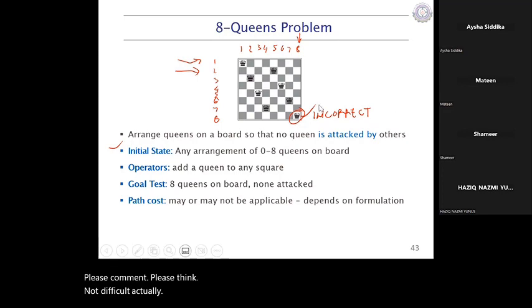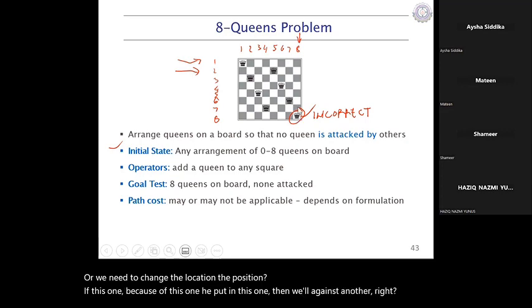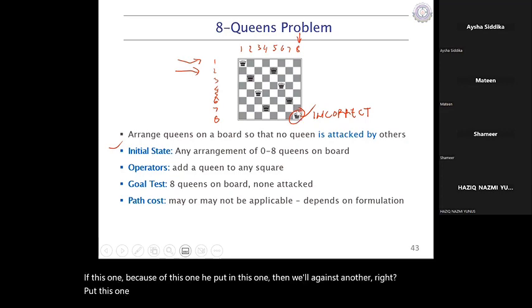Or we need to change the position. If we put this one here, then it will be against another, right? Put this one also against another. So we have to construct a different position for this.